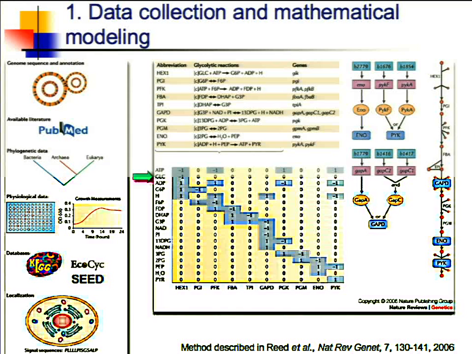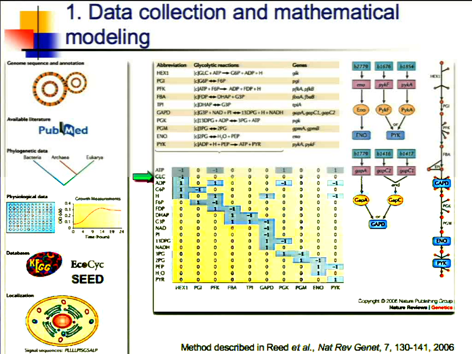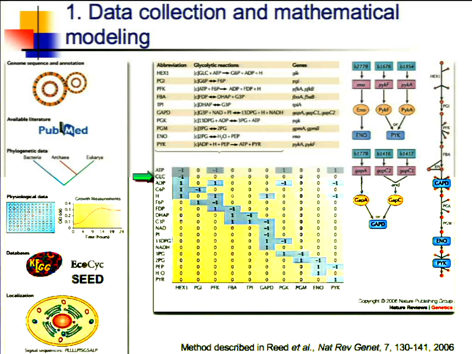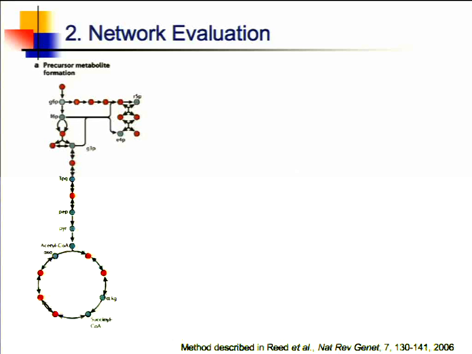And then, based on the GPR associations, we built a mathematical model, which is this matrix where it connects every reaction with the participating compounds. From this matrix, we can make simulations on the functionality of the cell. After the first step, we will have a draft network of the metabolic system.